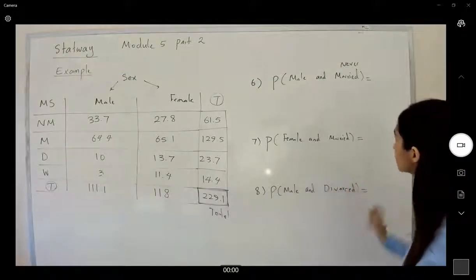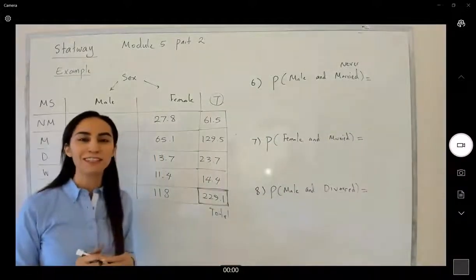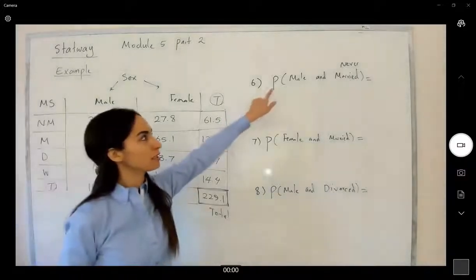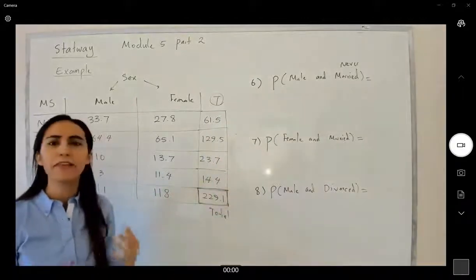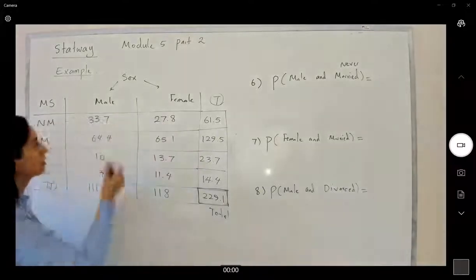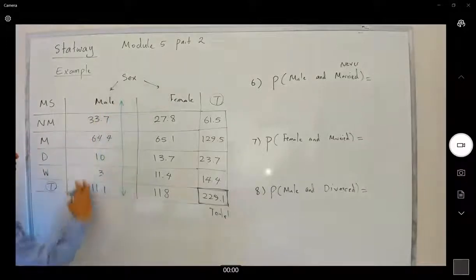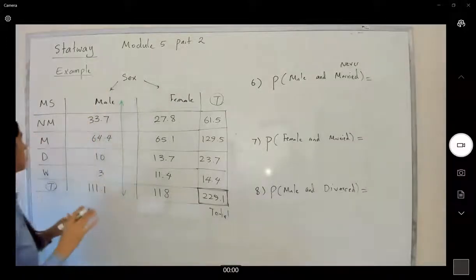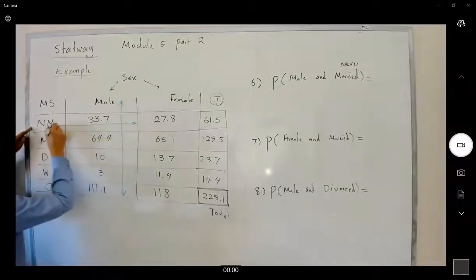Okay, perfect. So again, when we're talking about probabilities, we're talking about proportions. The probability of a randomly selected person is male and never married. So you have male, it means that we're looking at the column related to category male, and never married means that you're looking at this row.